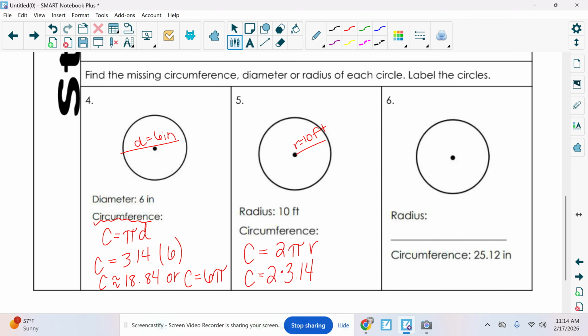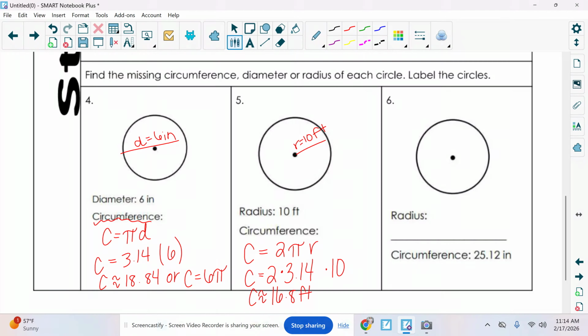R is 10. So then you put it in your calculator. 2 times 3.14 times 10 gives me 62.8 feet.